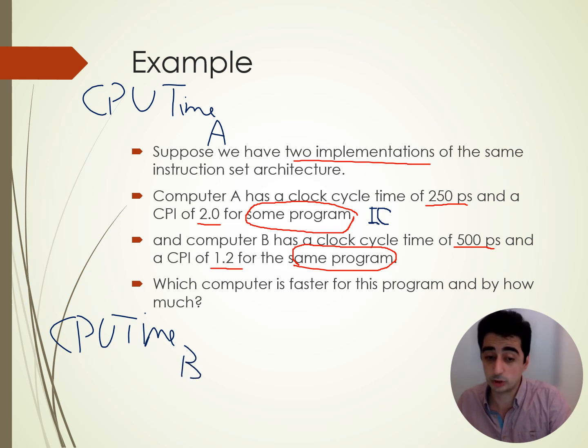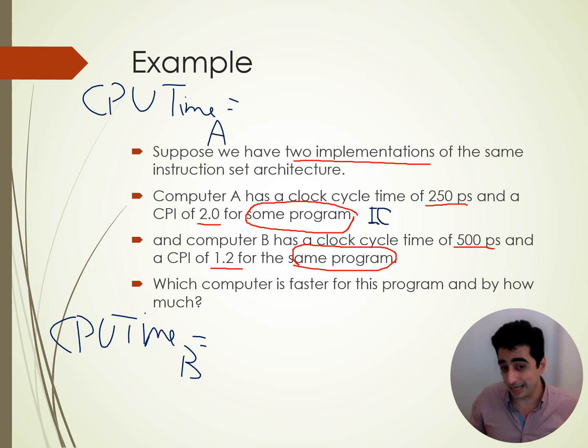If A's CPU time is less, A is faster. If B's CPU time is less, B is faster, right? It's a very simple question. Which one is faster? The one that takes less time to run the program.